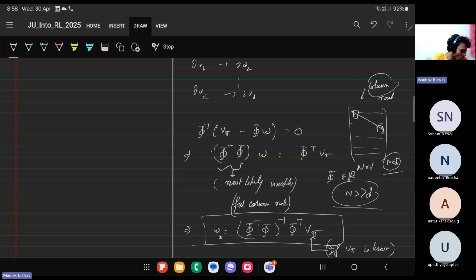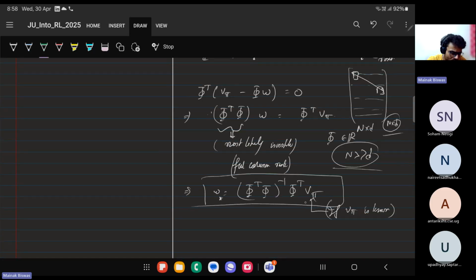Okay. So now for V pi, you can do some Monte Carlo based estimation for the state. But that is not a good idea, but we'll see how to do this in more formal methods later on. But is this clear?